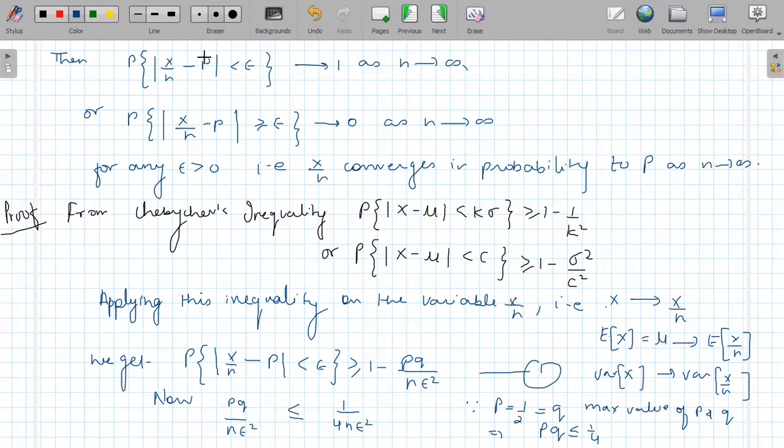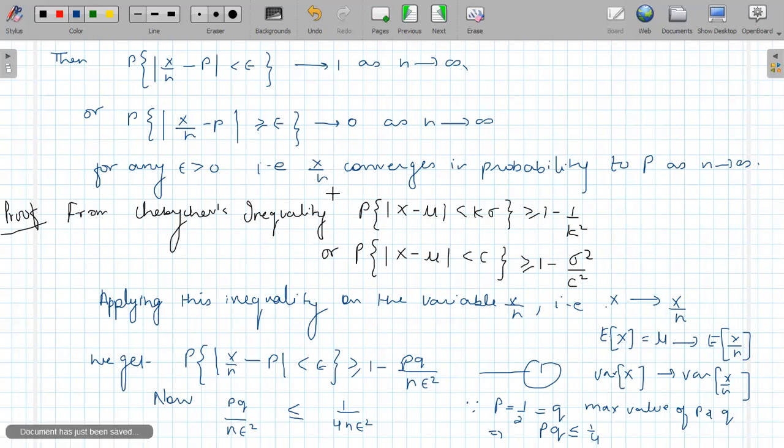So the difference between this value and this value, at some point you will get a value of n such that the difference between these two becomes smaller than any positive number, means almost equal to zero, these two become equivalent, and this probability approaches to 1. Or in other words, the probability that the difference between x upon n and p will be greater than epsilon approaches to 0 for any epsilon greater than 0.